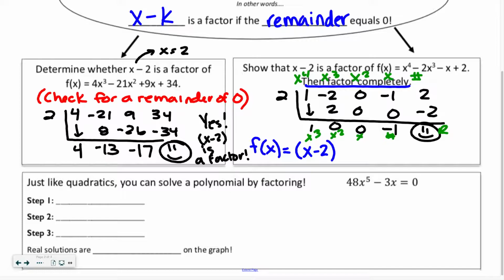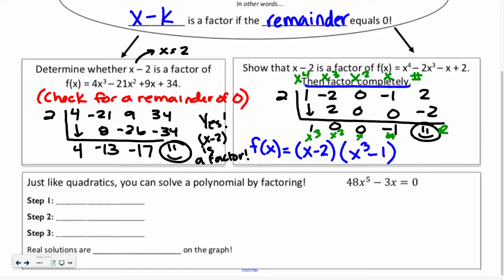So the other factor must be 1x cubed, and I don't really have to include the 0 terms, minus 1. So the factor that you checked is a factor, and the quotient of your division is a factor.